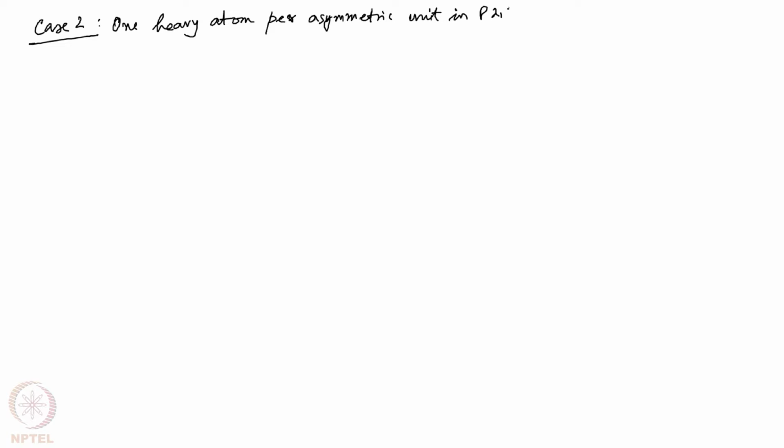So let us see the situation which is my case 2: one heavy atom per asymmetric unit in P21/n or P21/c space group.